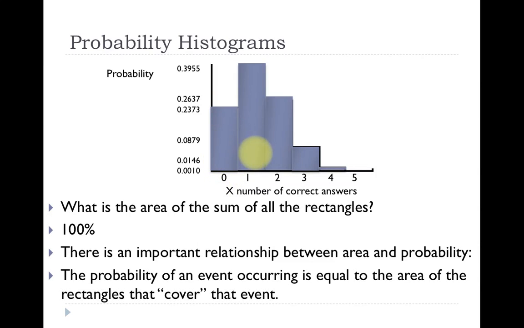The probability of getting 3 correct is the same as the area of the rectangle for x equals 3. The probability of getting at least 2 correct is the sum of the areas of the rectangles for 2, 3, 4, and 5. So the sum of the probabilities of the rectangles is the same as the sum of the areas of the rectangles.